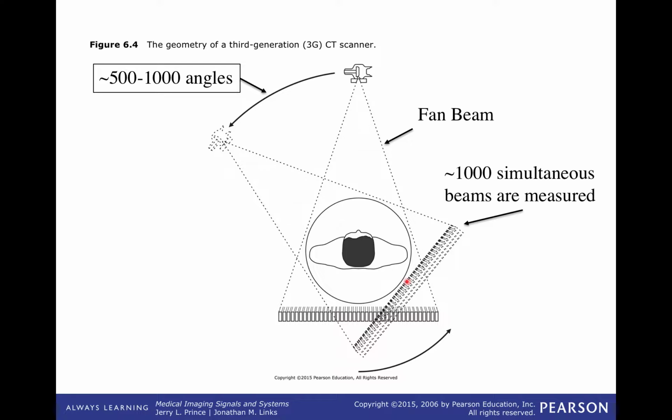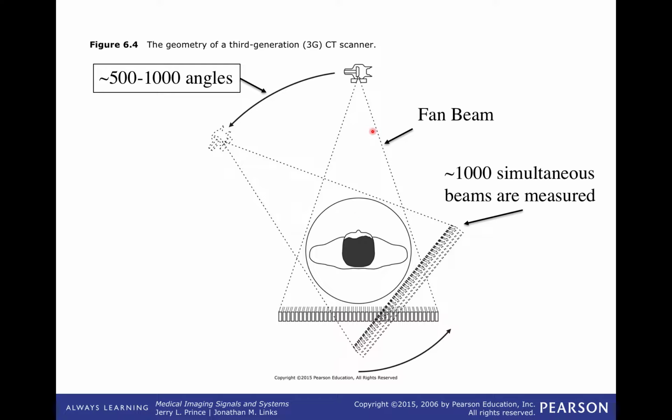Now, it's slightly different, right? Because at this point, the beams, if I'm looking at this detector, it's something at an angle. So I'm not doing consecutive straight line shots through the patient anymore. So we're going to have to take that into account. And this is called fan beam reconstruction, and it's a pretty simple modification of just the reconstruction that occurs when you do straight line beams through the patient.